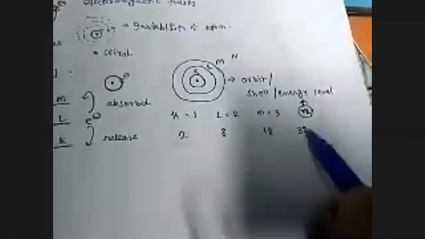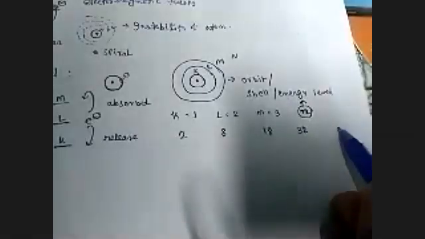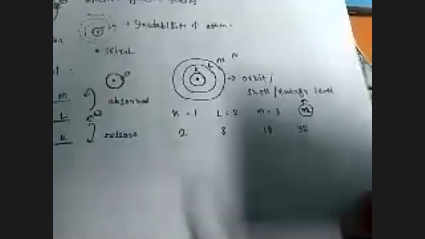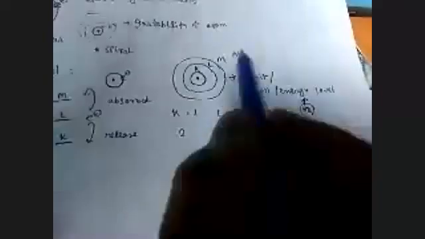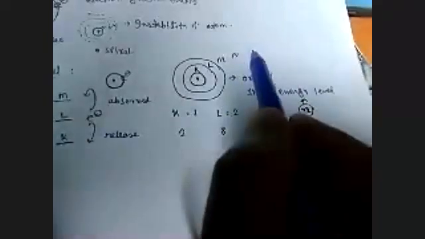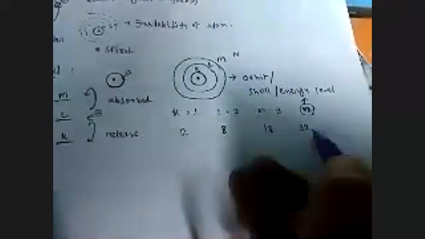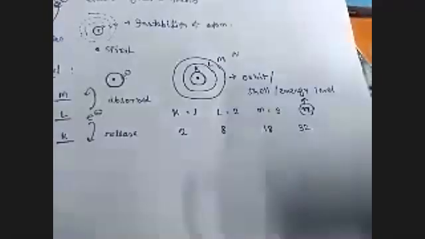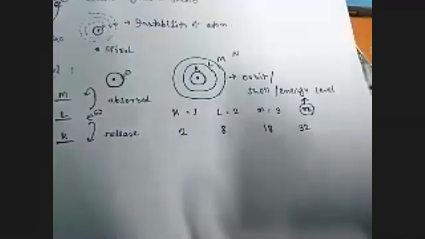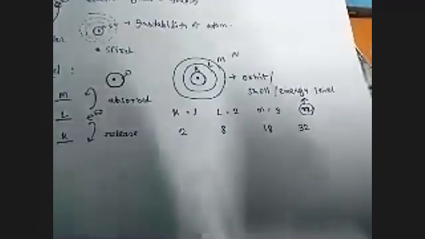And 32. Remember, after that also 32. Suppose there was a fifth cell, that is the O cell. So the O cell also contains a maximum of 32 electrons, not more than that. That is the limitation of this 2n square rule.